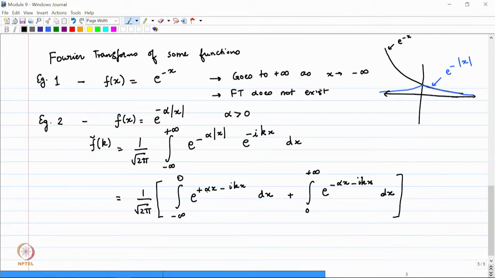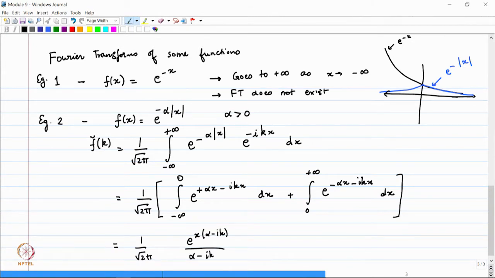Okay. So, now you can do this integral by treating alpha like a constant. So e to the x times alpha minus I k, divided by alpha minus I k.